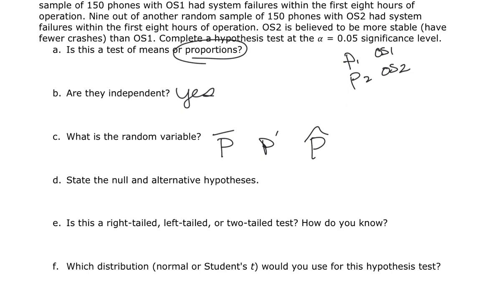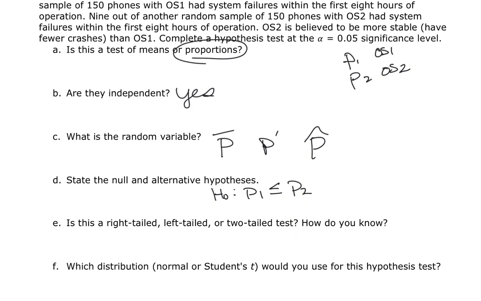So my H0 is that P1 will be less than or equal to P2. P2 will be more stable, so this will have more crashes than this one.